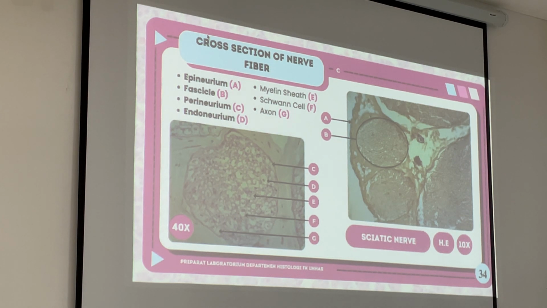Then some of the nerve fibers will be connected to one another and covered by the perineurium, and outside is the epineurium. The layers are almost the same as the muscle's connective tissue covering, but the difference is that in nerves we use neurium behind, and in muscles we use mysium behind. So it's the same: endomysium, perimysium, epimysium, but in nerve we use endoneurium, perineurium, and epineurium.